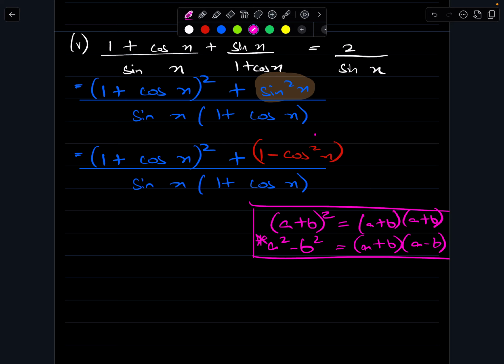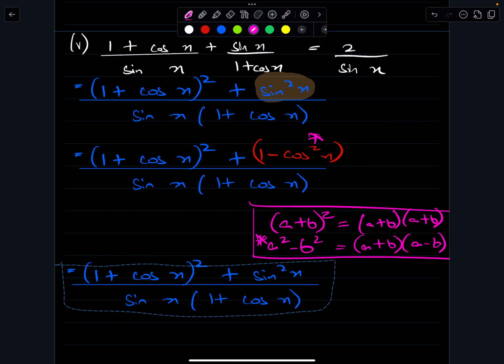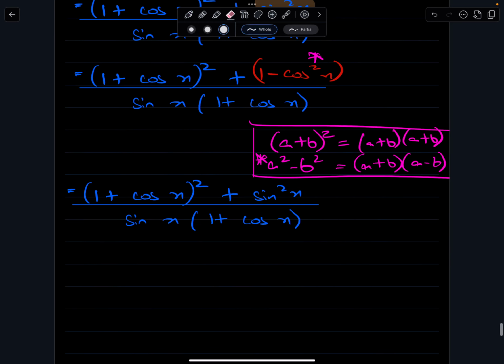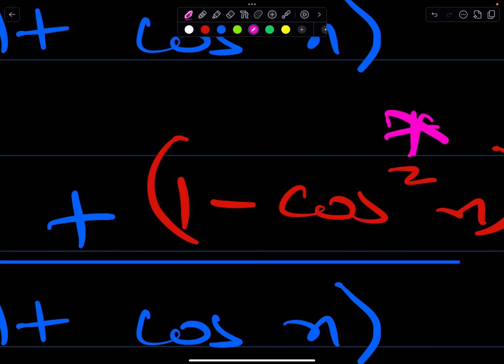Thus, we have something like 1 plus cos x, 1 minus cos x. Now you might be wondering that we don't have a square over 1, but appreciate that 1 square is equal to 1.